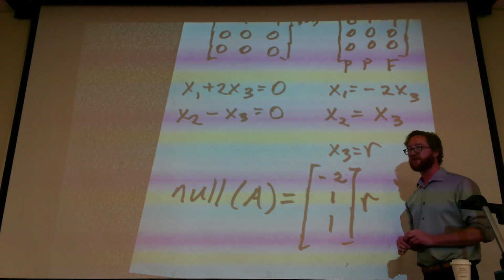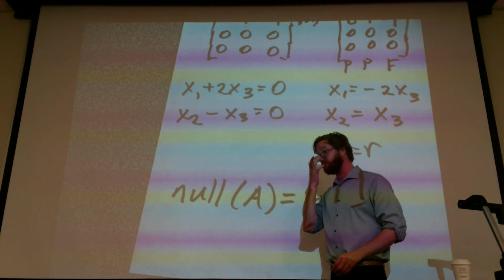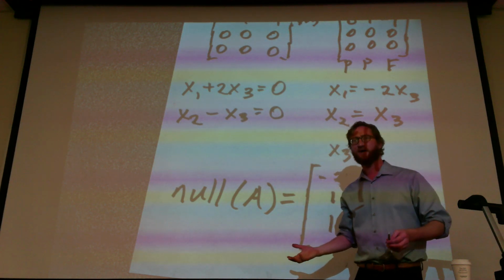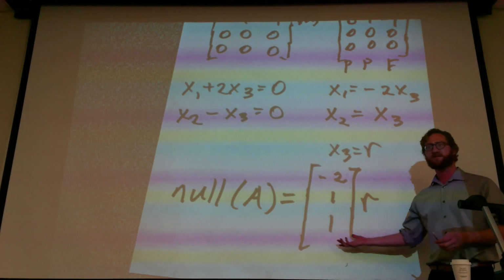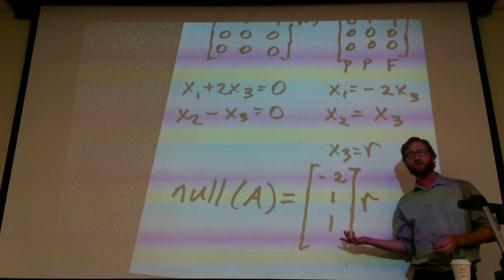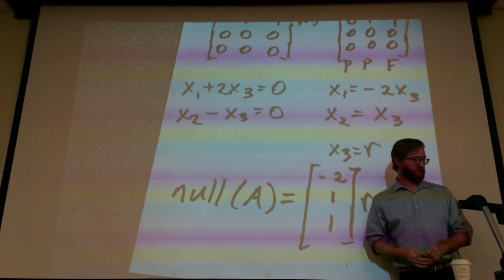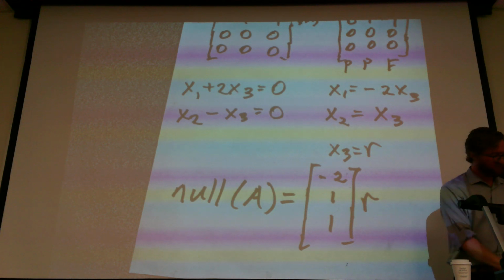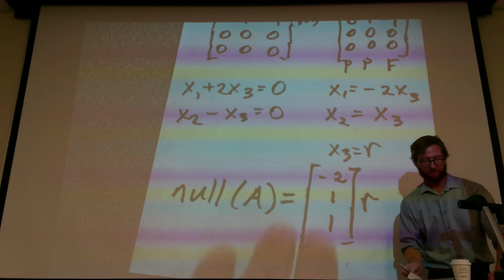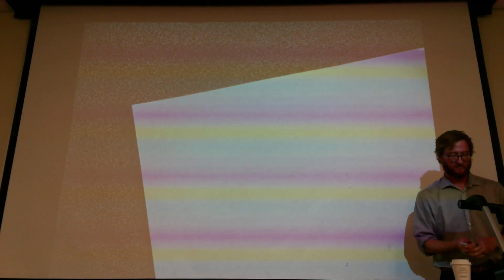So then the question becomes, how do we know we have the right answer? How do we really know that this thing that we've created right here really is the null space of A? Well, let's ask that question.